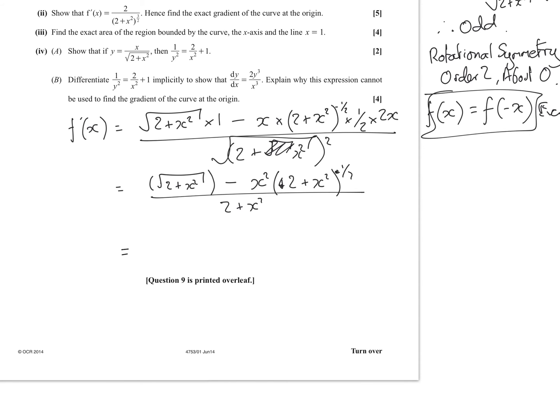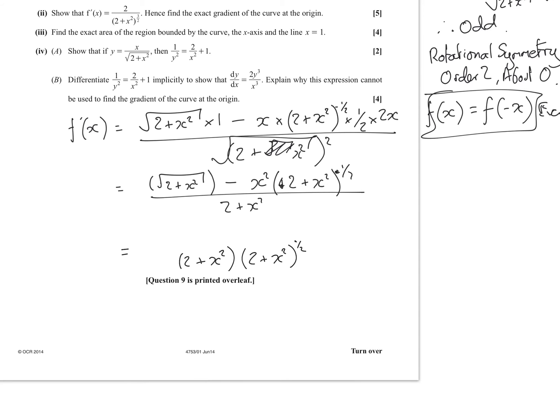So I've got 1, so I've got to multiply it by a half. I haven't said that right, but do you get what I mean? I'm getting blank faces. 2 plus x squared, I've got to multiply that by 2 plus x squared to the half on the bottom, and then that becomes 2 plus x squared to the 3 over 2.